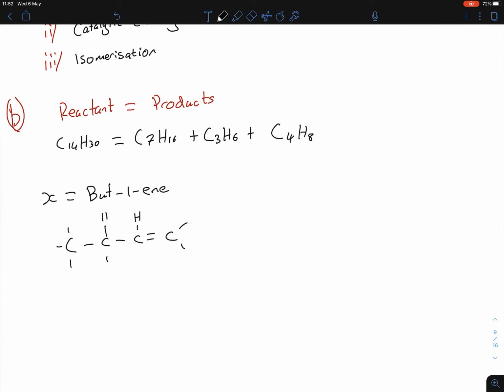And then throw in the hydrogens. Double check at the very end to make sure the number of hydrogens and carbons align. Counting up the hydrogens, we have 1, 2, 3, 4, 5, 6, 7, 8. So this is our answer over here, guys. Not this, but this. But you couldn't get your answer without getting the molecular formula.